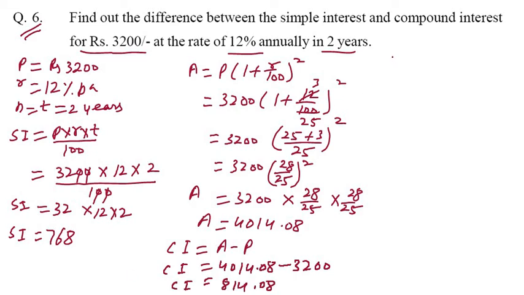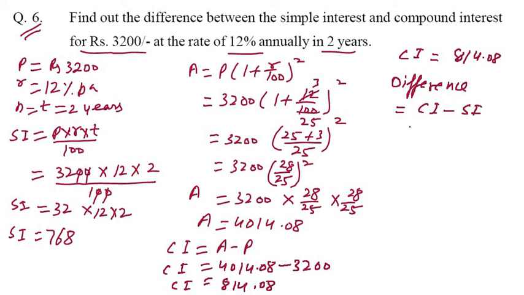So your compound interest CI is equal to 814.08. Now the difference, that is CI minus SI, compound interest minus simple interest.